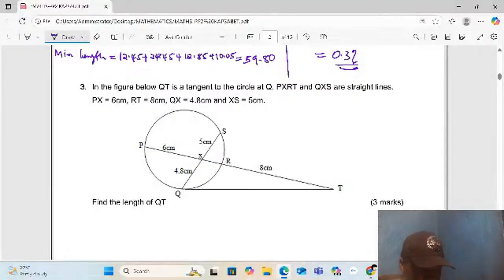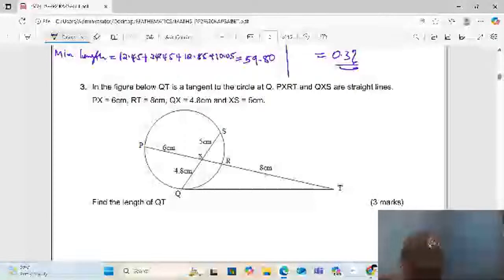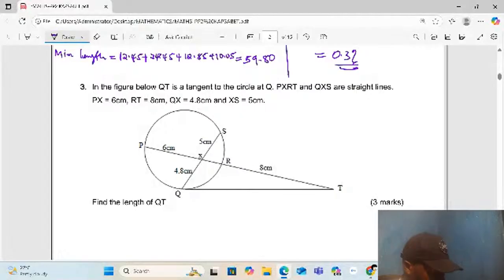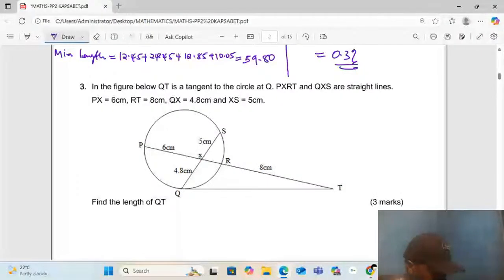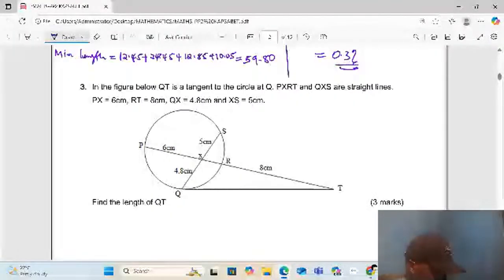So in this one, first of all, we look at distance XR. For us to get distance XR, we have to take QX times XS, then we divide by 6.